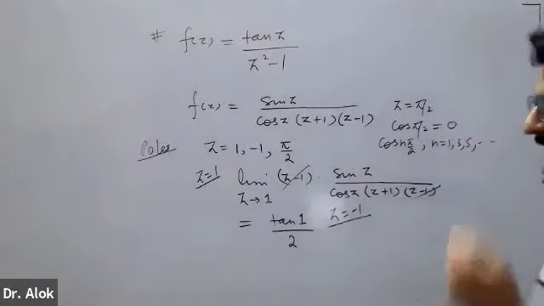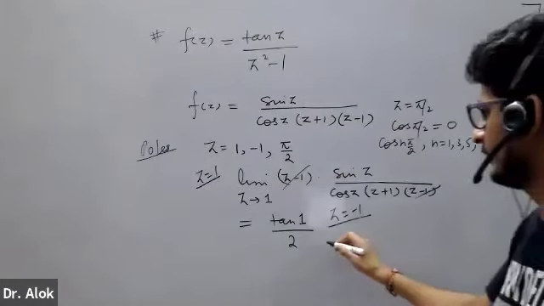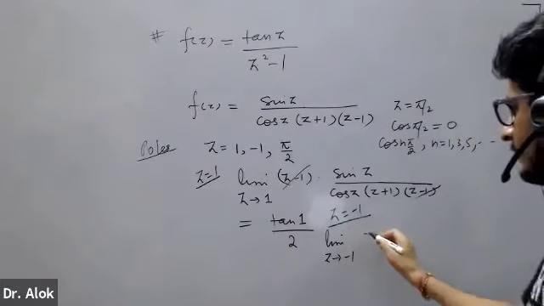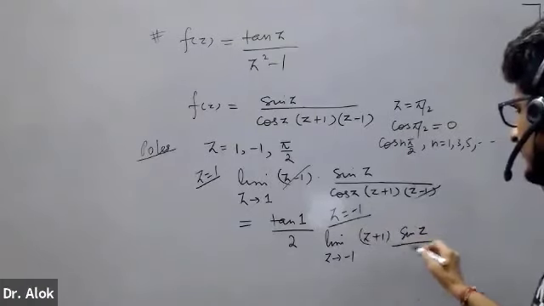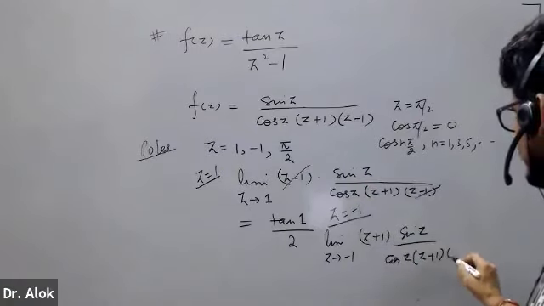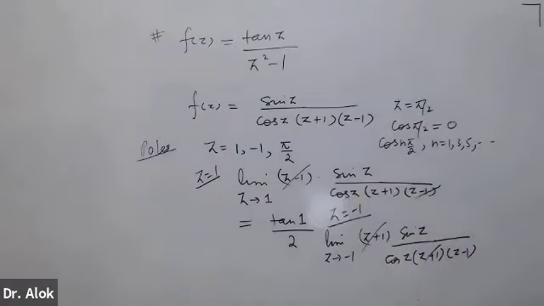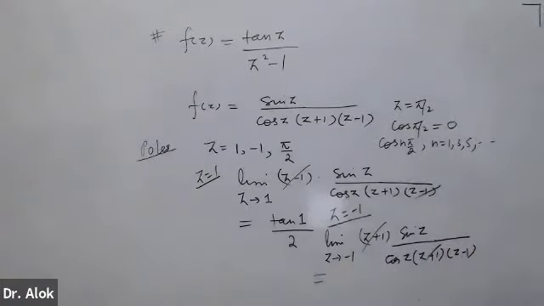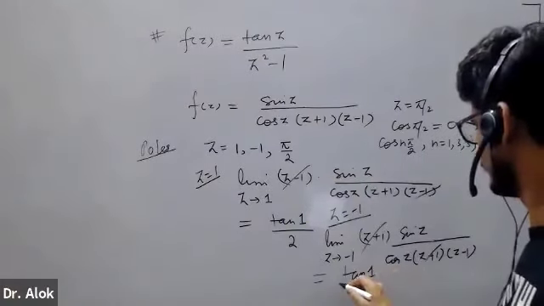Okay, but initially you should try to write everything, and z is equal to minus 1 will give you limit z tending towards minus 1, z plus 1 times sin z by cos z, z plus 1, z minus 1. z plus 1 will be cancelled, and this will become tan of 1 by 2.